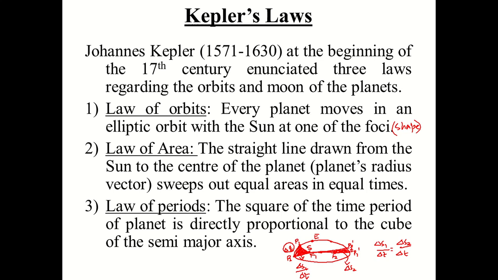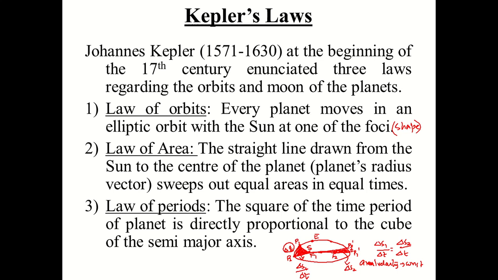This delta S by delta t is called the rate of change of area with respect to time, which is called the areal velocity. So the areal velocity of a planet is constant. That is another statement of Kepler's second law of orbit.